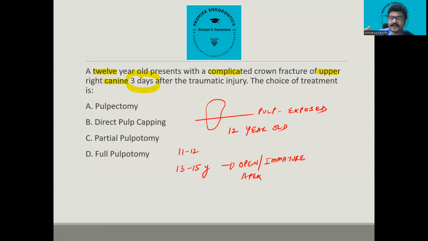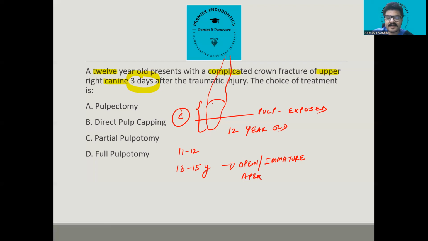So what do we do here? We do a full pulpotomy, that is, a cervical pulpotomy. We simply open the pulp chamber and remove the entire pulp right up to the CEJ, that is, right up to the canal orifice. If we look at this, this is the crown part, and if I project the open apex, this is an open apex, so root end formation has not taken place.